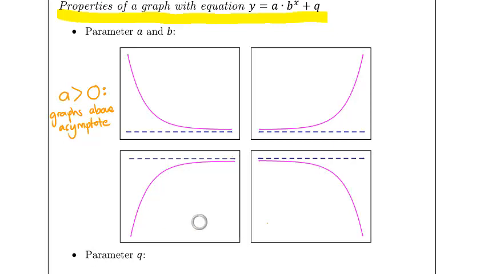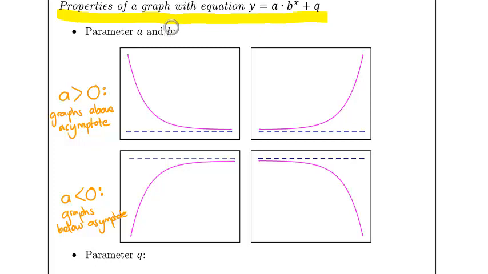Whereas over here, this is where you have a less than naught, and it will result in graphs that are below the asymptote, guys. So as soon as you see a negative a value, you should tell yourself, oh my goodness, I know that my graphs are going to be below the asymptote. As soon as you see a positive a value, you should say to yourself, I know that my graphs are going to be above the asymptote.